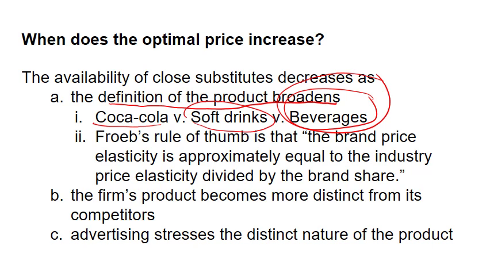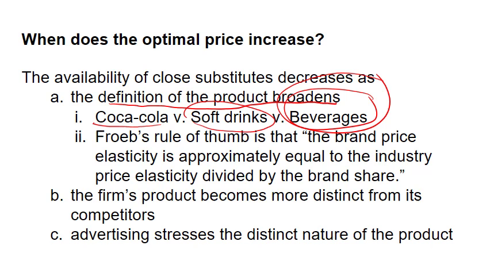So as we move from Coca-Cola to soft drinks to beverages, the availability of close substitutes is getting lower and lower. This means that people will be more price sensitive to Coca-Cola than to soft drinks than they are to beverages.